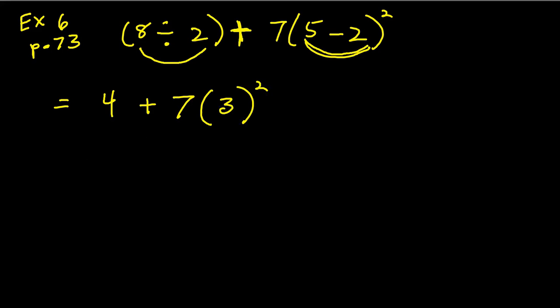All right, so here I've got now an addition, a multiplication, and an exponent going on here. Of course, the exponent gets done first, so I'm going to do 3 squared first. All right, so 4 plus 7 times 3 squared is 9.